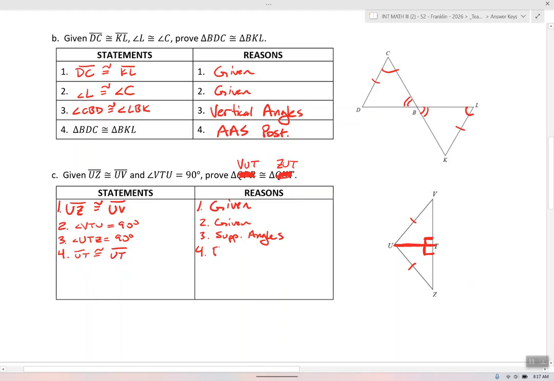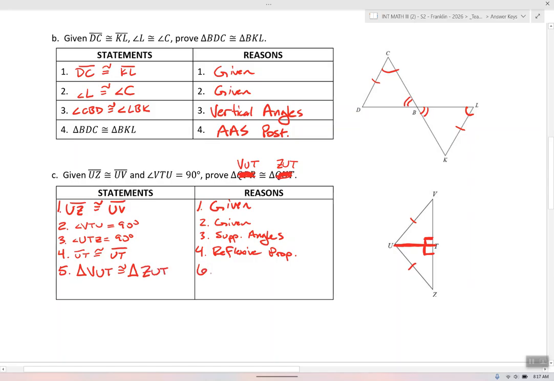And this is true because of that reflexive property that we talked about up above, right? Everything is equal to itself. So we know segment UT is congruent to itself. And now we have enough to prove that triangle VUT is congruent to triangle ZUT.